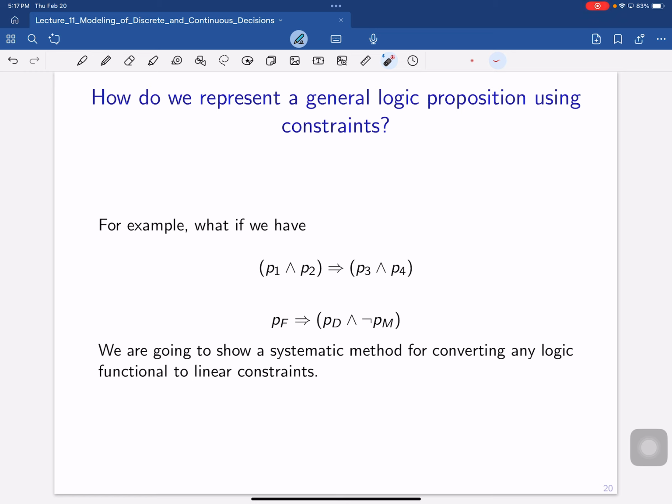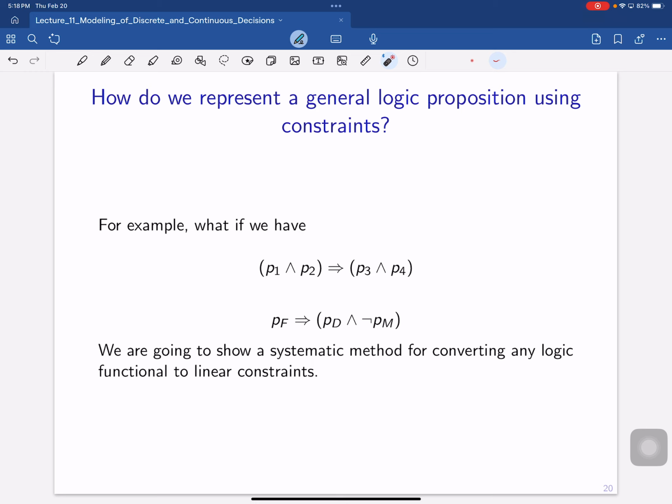Then what about this? If Pf is true, then Pd or the negation of Pm is true. These are not so trivial to represent using linear inequalities. If you are very smart, you probably can inspect this for a while and figure out how to represent it.